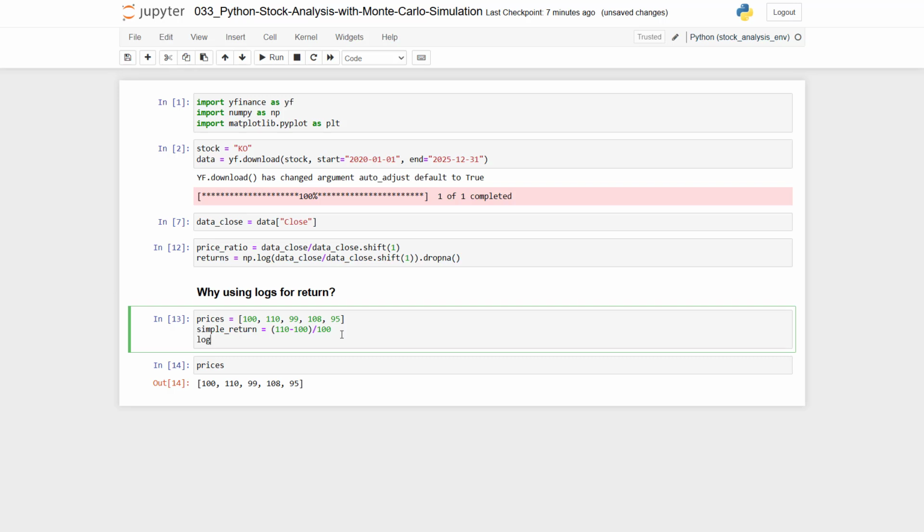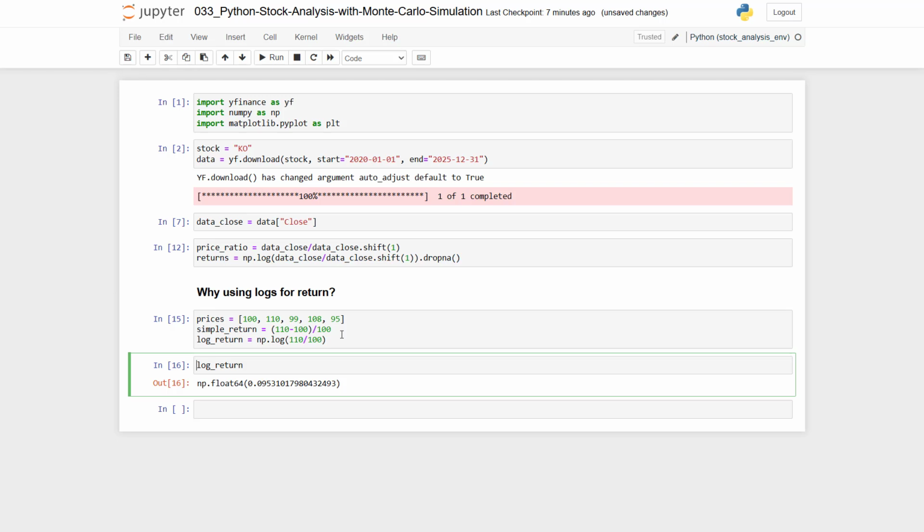And then we'll have log return, which would be np.log of 110 divided by 100. Great. How much is the log return? Something like 0.953 something. Yeah, I'll just write it like this, 9.53% log gain. Yeah, makes sense.